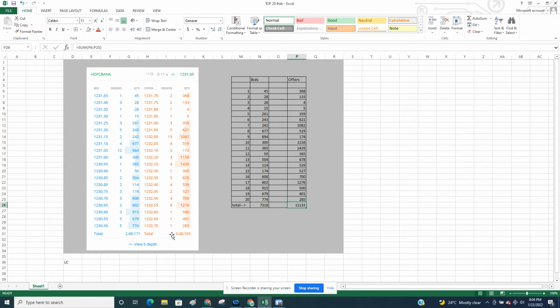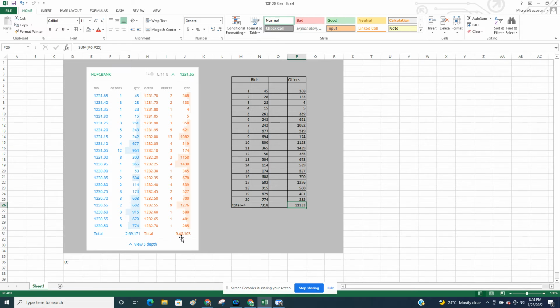If you just look at these two numbers, it tells you there are more sellers than buyers. In general, if there are more sellers compared to buyers, the stock price generally goes down. Vice versa, if buyers are more in quantity than sellers, the stock price will go up. That is a generic tendency.